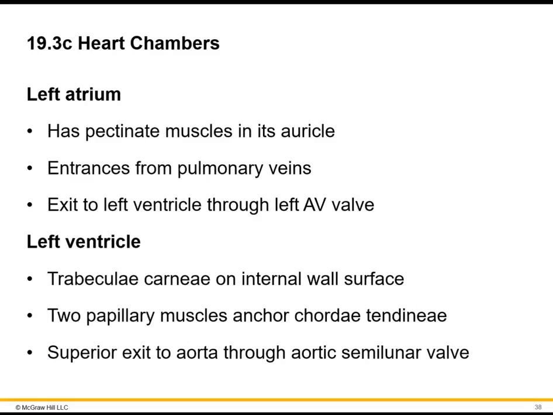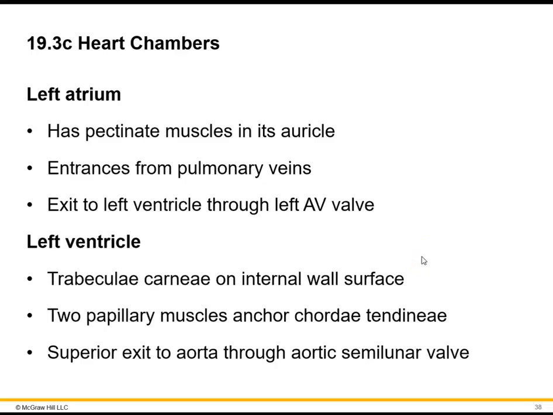Okay, then blood is going to go to the lungs, it's going to get oxygenated, and it's going to return to the left atrium via the pulmonary veins. The left atrium also has pectinate muscles in its auricle. It has entrances as well from the 4 pulmonary veins, and blood is going to exit the left atrium to the left ventricle through that left AV valve.